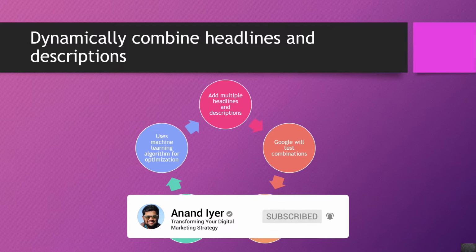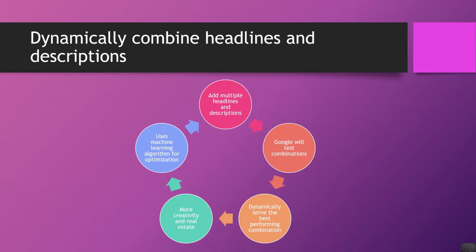What happens is Google uses its machine learning software or algorithm to find out the best combination of headline and description, and the combination that gives you maximum return on investment or maximum results, it is going to pick that version and it's going to display it dynamically.